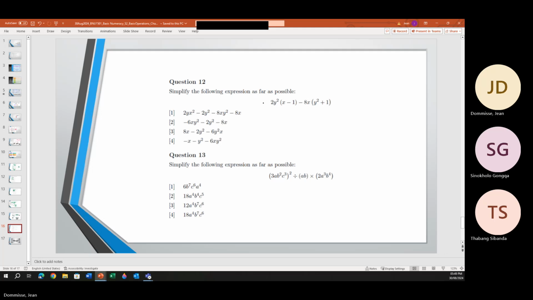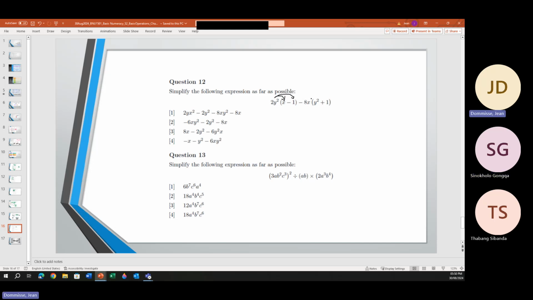So first, there's brackets. Okay, we can't add or subtract when it's not the same. So the next step is to multiply in. We will need to multiply that into the bracket, and then we will need to multiply that in with the second term as well.